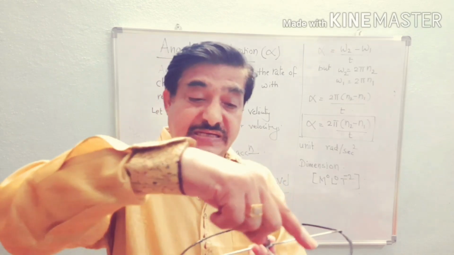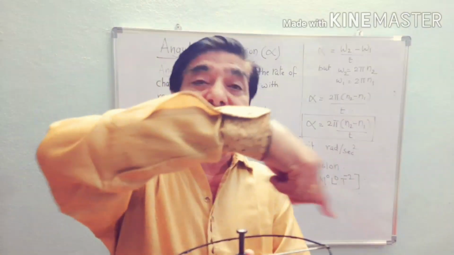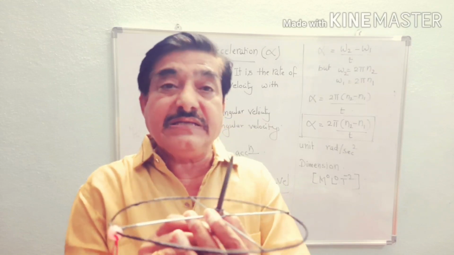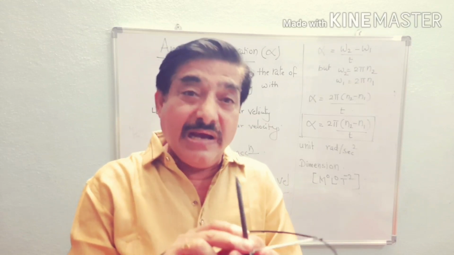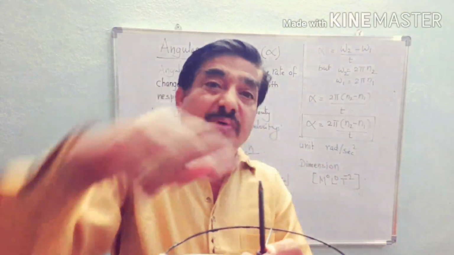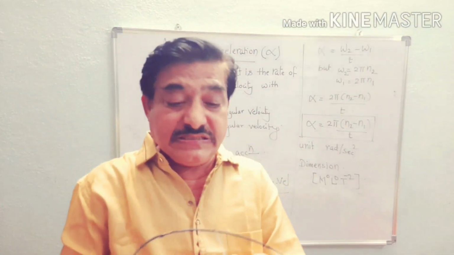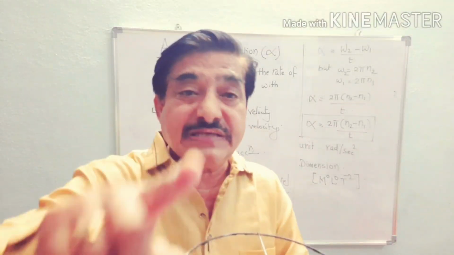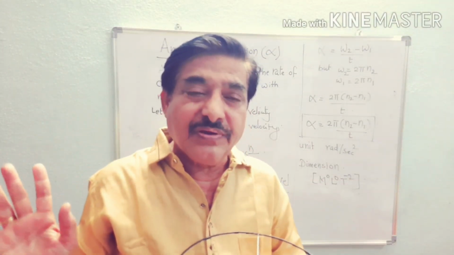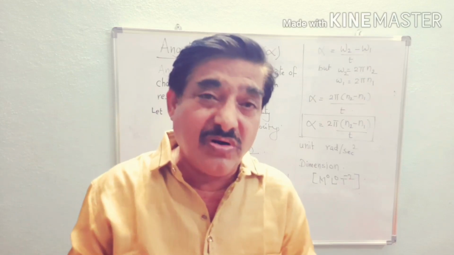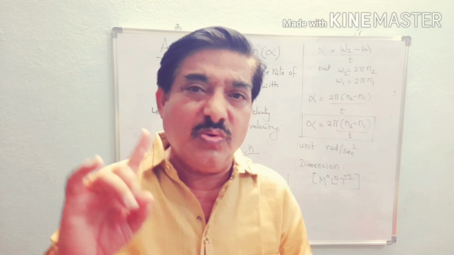If the particle is revolving in an anti-clockwise direction, alpha is taken as positive and it is in an upward direction. And if a particle is revolving in a clockwise direction, then alpha is taken in a downward direction and it is taken as negative. These sign conventions are used for cross product only.